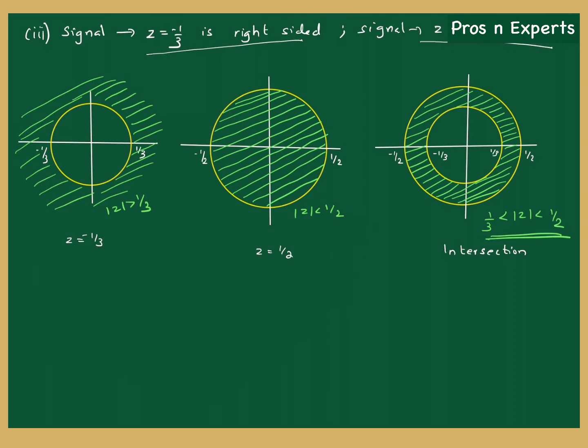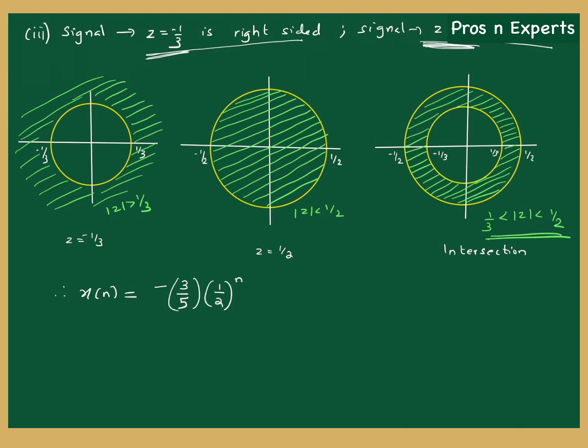And what will be the corresponding time domain signal? Therefore, x of n is equal to, the signal corresponding to this pole is right-sided, but the signal corresponding to this pole is left-sided. So since it is left-sided, we have to put a minus sign. So minus, what will happen? Minus 3 by 5 into half raised to n.